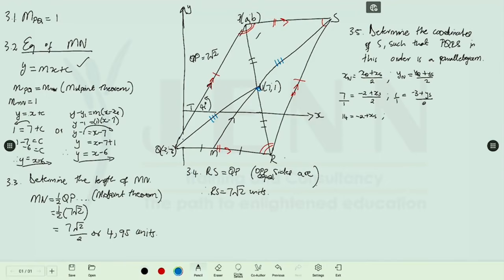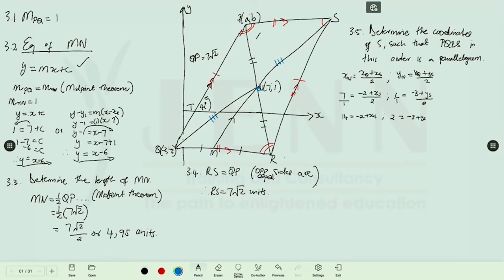We put 1 over 1, then cross multiply. 2 multiplied by 1 gives us 2, equals 1 multiplied by -3 plus the y-coordinate of S. It will be -3 plus the y-coordinate of S.